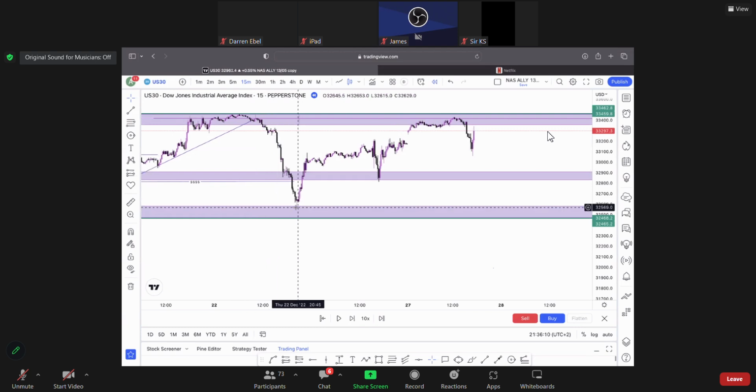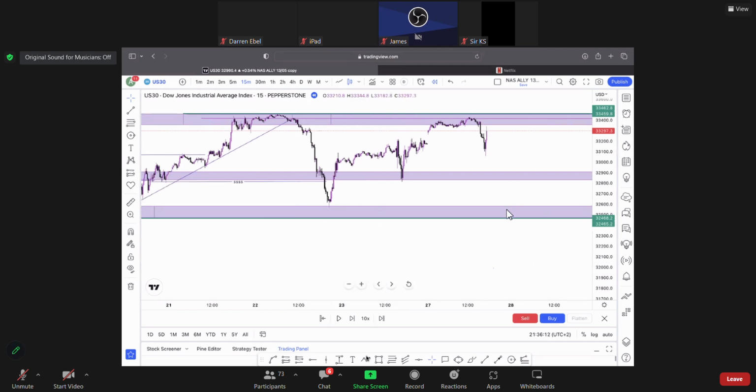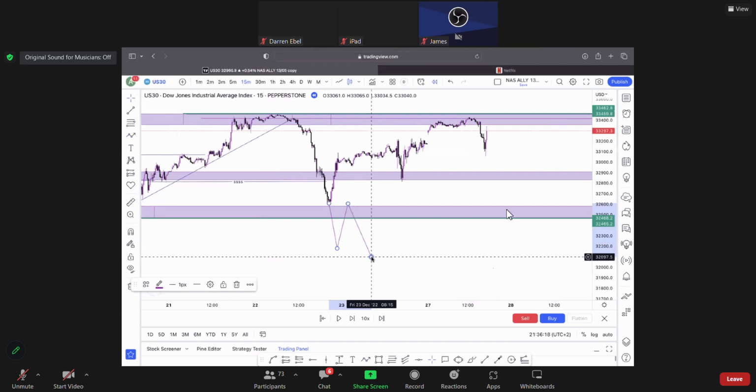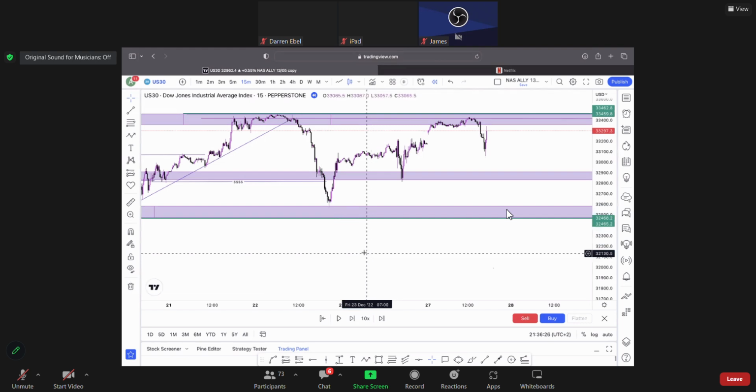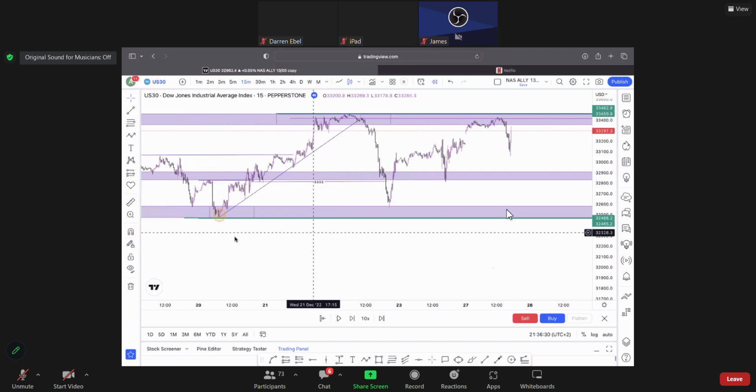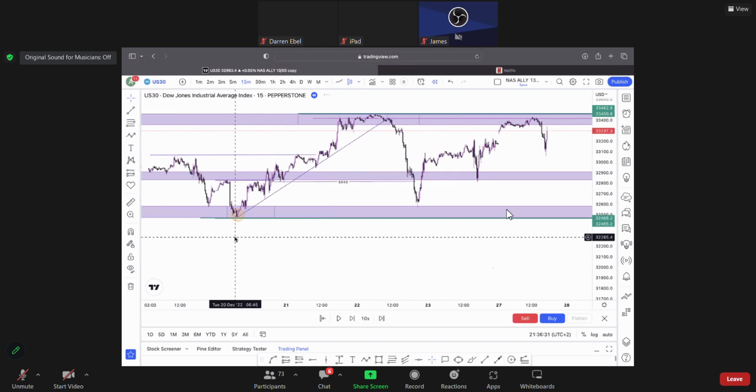So if it doesn't respect that zone, then there's obviously not enough demand and it will most likely use that zone as supply. So we do look at the momentum, or at the move that happened on that demand zone, to determine if the banks are involved or not. Exactly. You look at where it originated from.